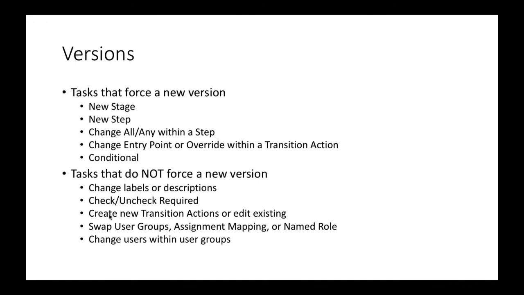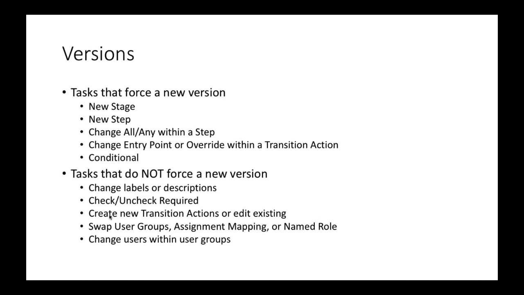I describe these as substantially changing the structure of the workflow. Add a stage, add a step, change the any all feature within a step, change an entry point or override within a transition action, or create a conditional. Any of those activities, you will be prompted: this action will trigger a new version of the workflow. Do you wish to continue? So you'll get a prompt before that.